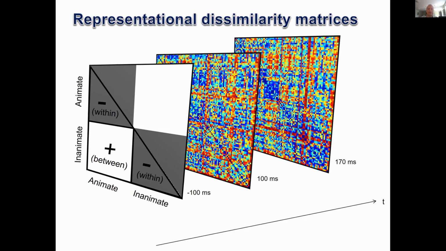And if there is information in the brain regarding animacy, then we would expect somehow animate objects to cluster together, inanimate to cluster together, so these distances should be small, and animate and inanimate should be far apart, so these distances should be large. So if we construct a contrast of these between comparisons minus within, and we do this over time separately for every matrix, we should be able to see some interesting things happening.